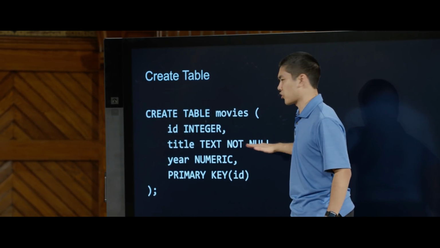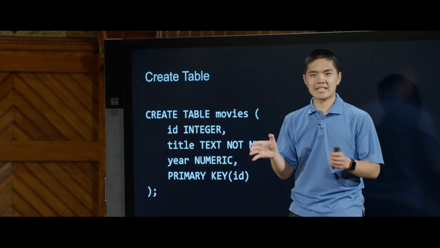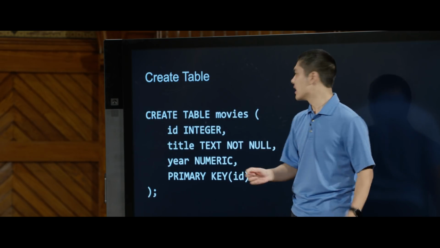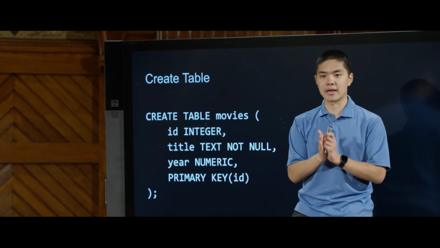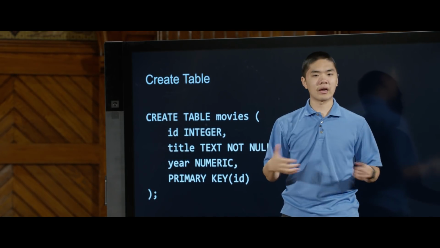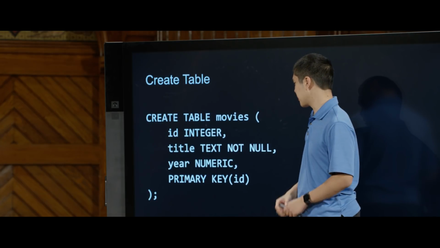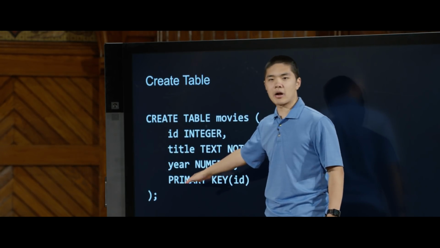And I can add constraints to particular fields. I can say the title is going to be text, but it's not null. I can't have an empty title where I have no title. Every movie must have a title, and not null enforces that constraint, that every movie needs to have a title. Every movie has a year, just some numeric value representing what year the movie was released. And then down here I specified that the ID column is the primary key.